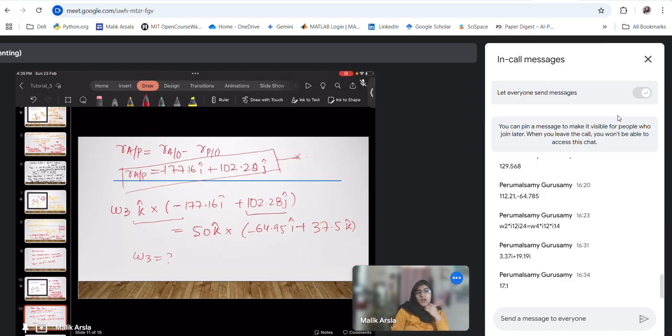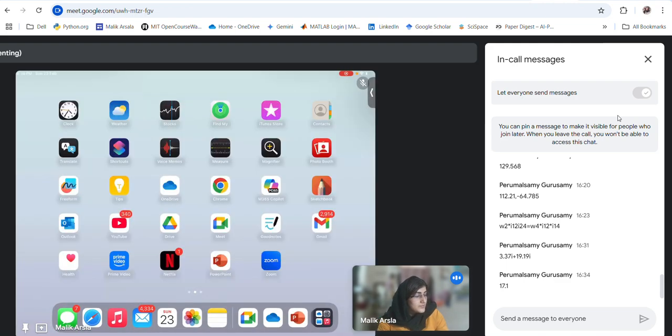17.1. No, it is coming out to be 18.33. Okay, close enough. So omega is coming out to be this from this equation. Therefore, omega 3 can be written as 18.33 k cap, and omega 3 here is equal to omega 4.